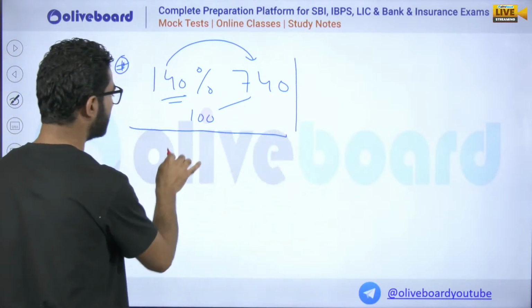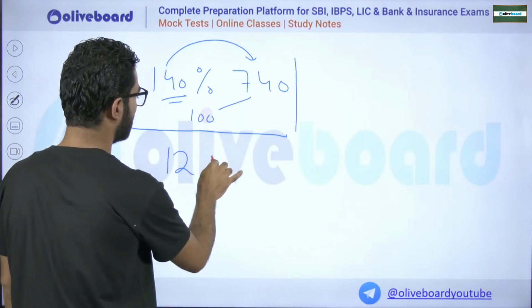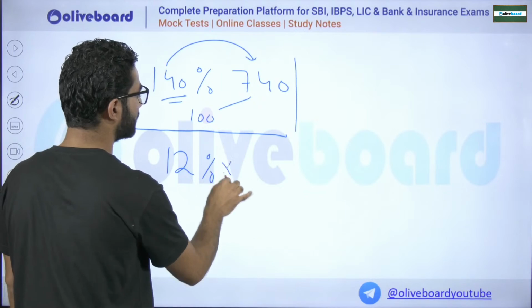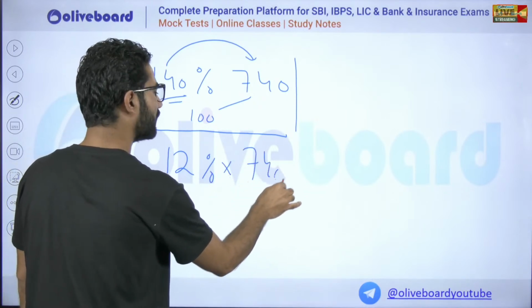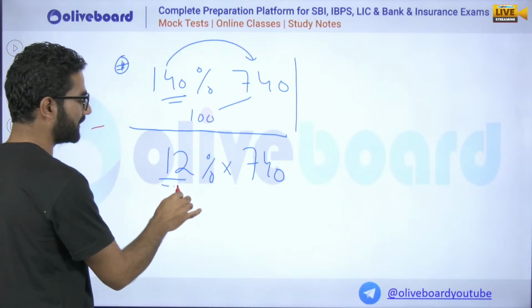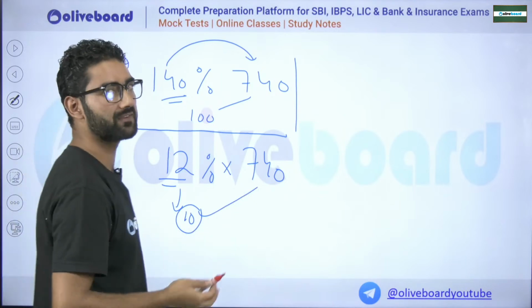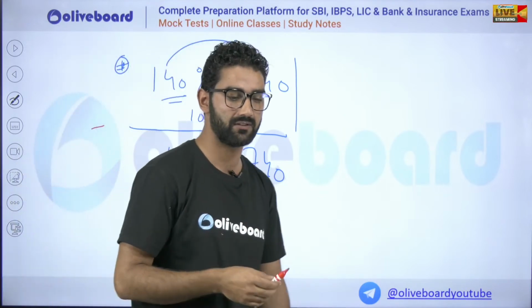If I say that I have to calculate 12 percentile of this value 740, you can split it here. You can calculate the first 10 percentile and then 2 percentile of this value, and definitely you will get a simple value.